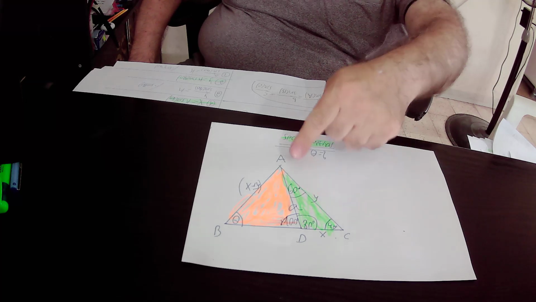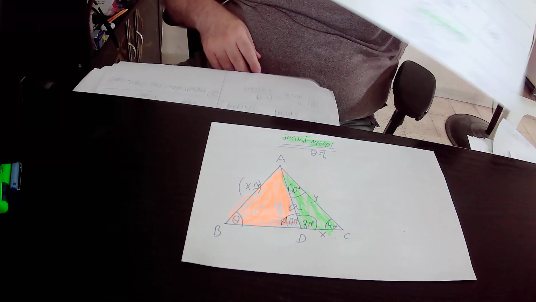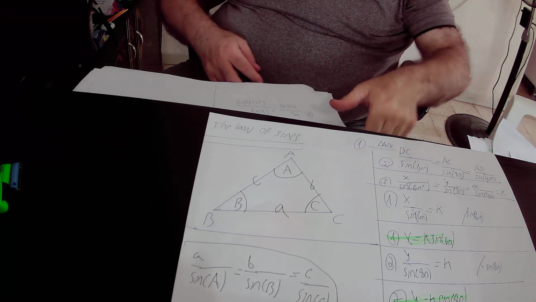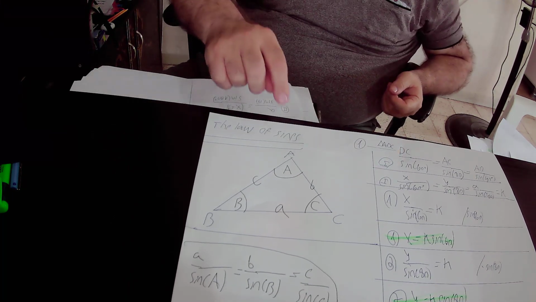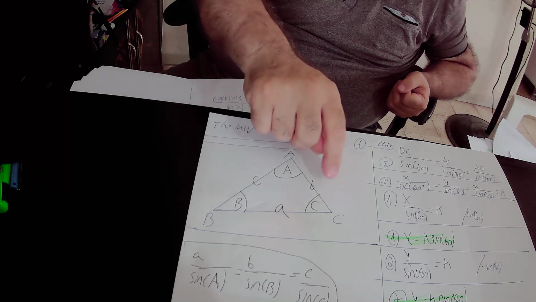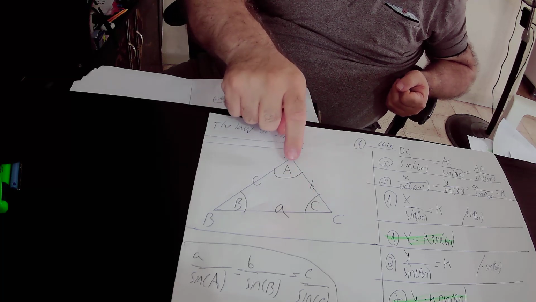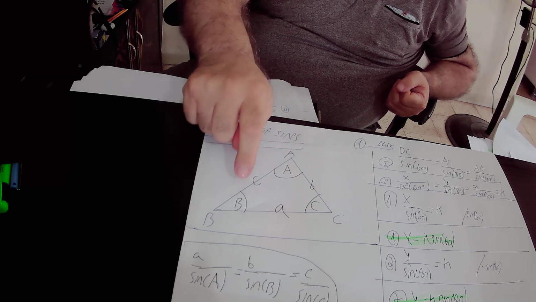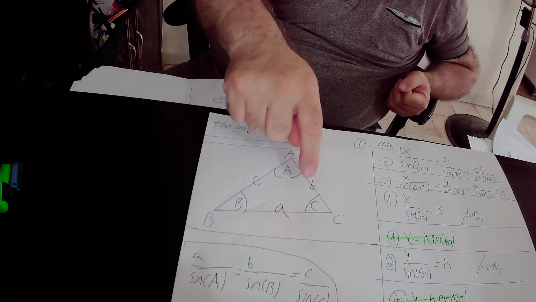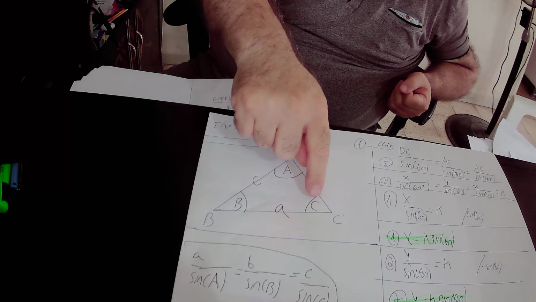Then we define side AD as A, and then I presented to you the law of sines. The law of sines is true in any triangle, so this is triangle ABC that could be any triangle. Side AB equals C units, side AC equals B units, side BC equals A units. This angle equals capital A degrees, this angle equals capital B degrees, and this angle ACB equals capital C degrees in its size.